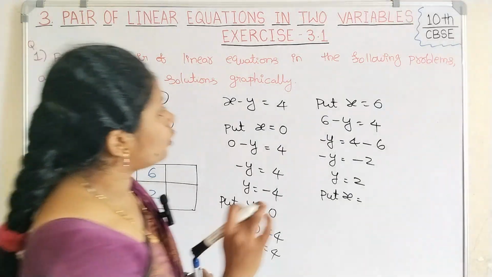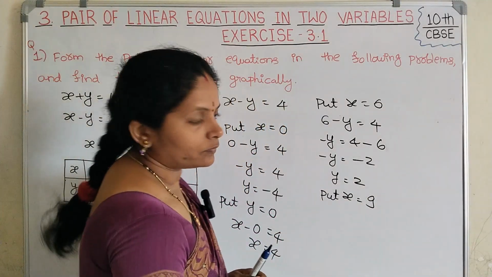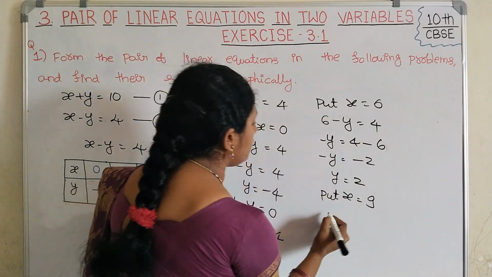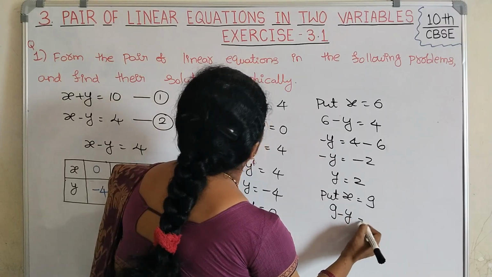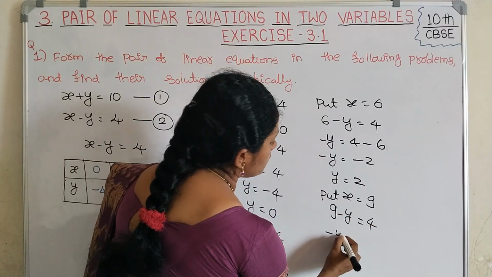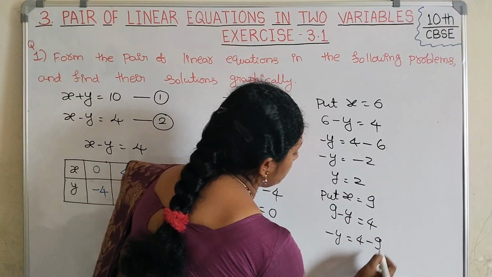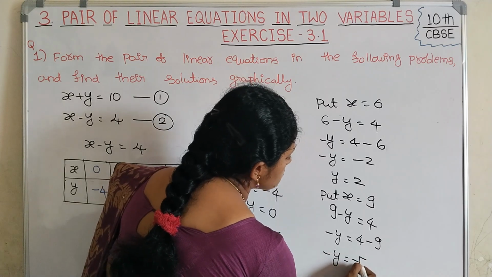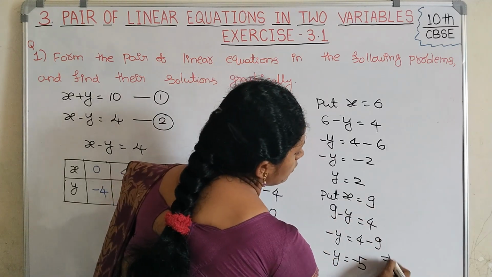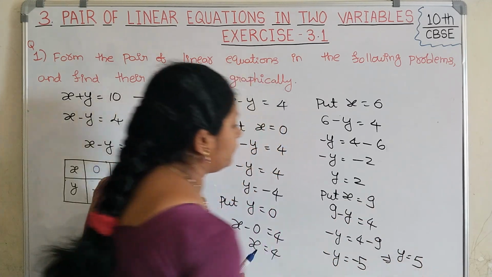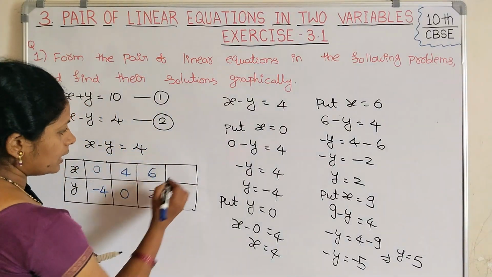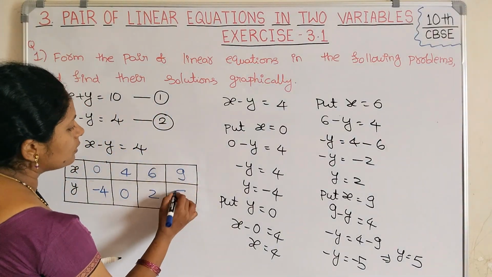Put some value, x equals 9. If you put x equals 9, 9 minus y equals 4. Minus y equals 4 minus 9, minus y equals minus 5, so y equals 5. x is 9, y is 5.